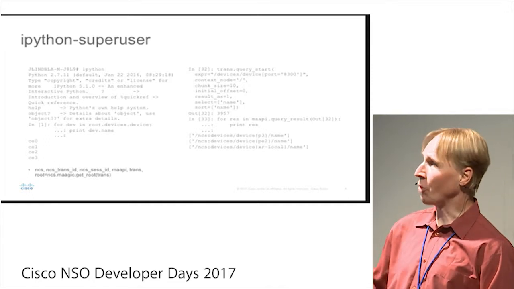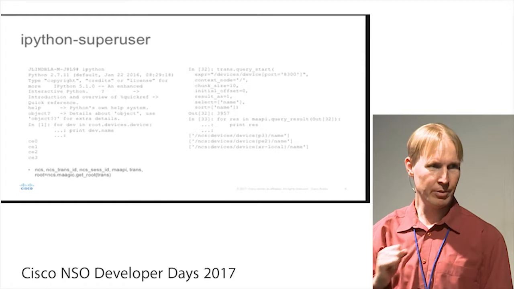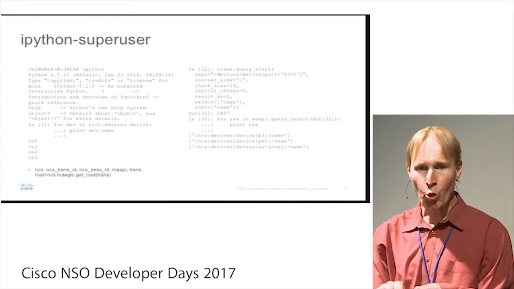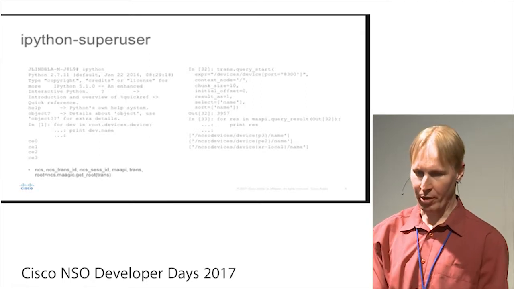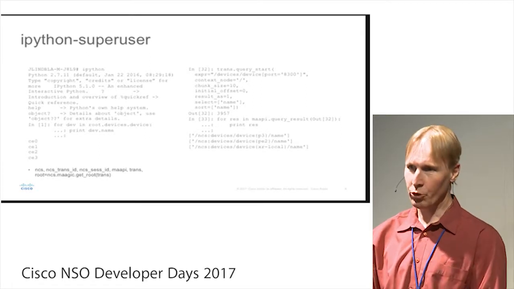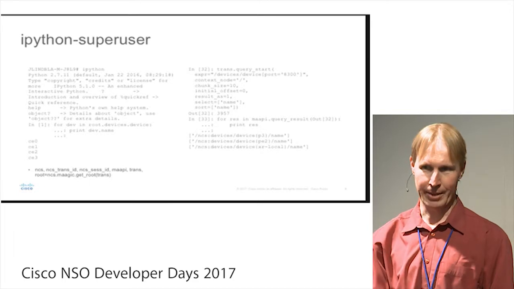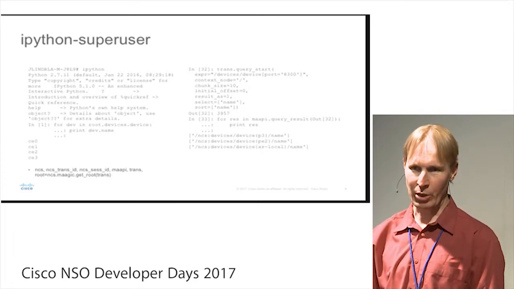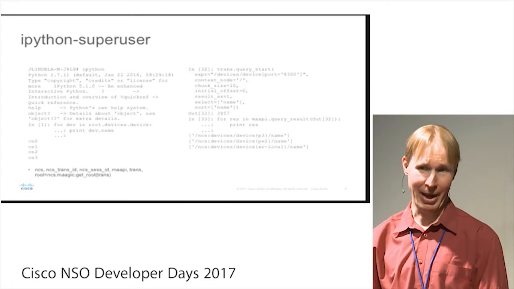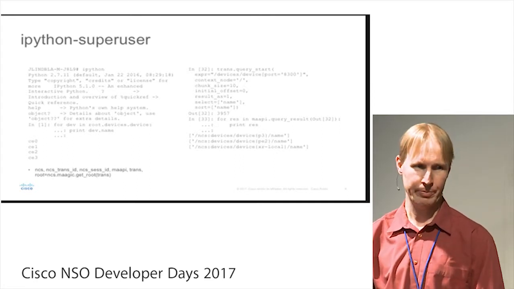If you install this package in your NSO instance, you get an NSO command called ipython. If you type ipython, either in operational mode or inside the transaction, you jump over into a Python shell with access to the currently running transaction, where you can do manipulations or searches or whatever in Python in your running NSO system.